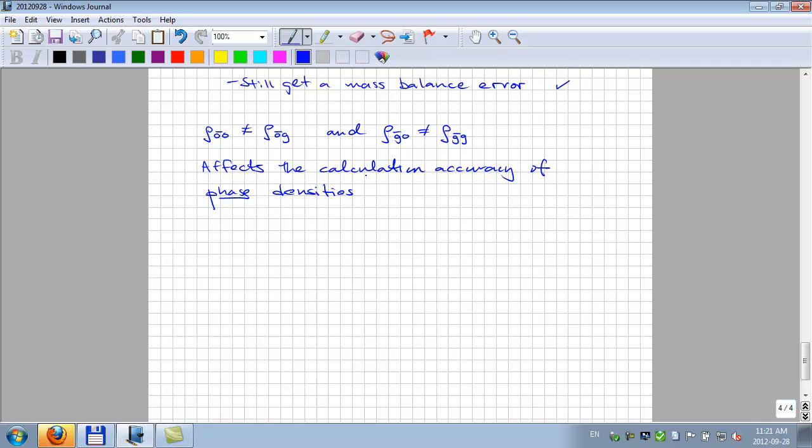Okay, in these models, be it the tubing model or the reservoir model, if you have gravity moving gas and oil phases up and down, then getting the wrong phase density can be important. Okay?